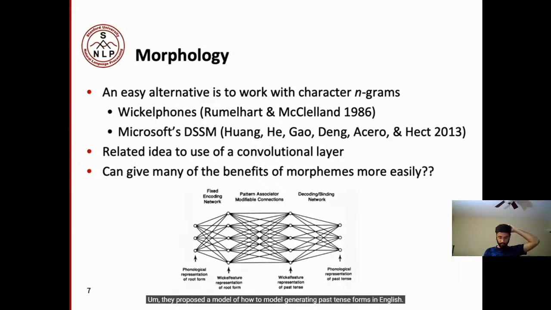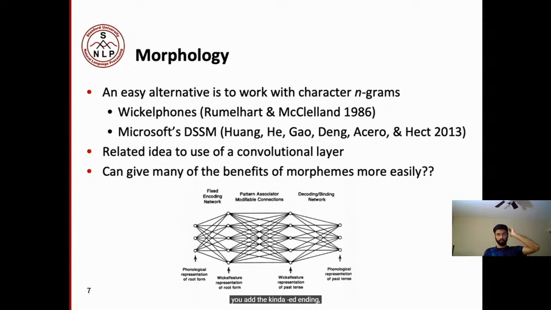They proposed a model of how to generate past tense forms in English. So this was a cog-sci experiment of, can we build a system that can learn past tenses of English verbs? The difficult part is that many verbs are regular, you add the ed ending, but some words are irregular, and you had to learn about the irregular patterning.